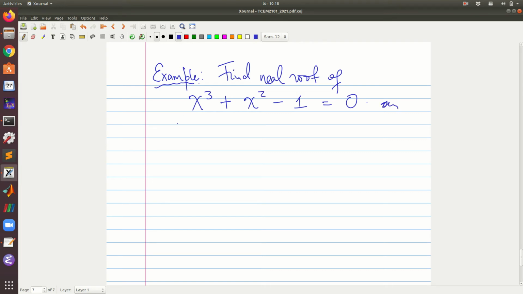On the interval 0, 1, I hope you remember from your calculus the difference between an interval written with brackets and one written with parentheses. I hope you know the difference.